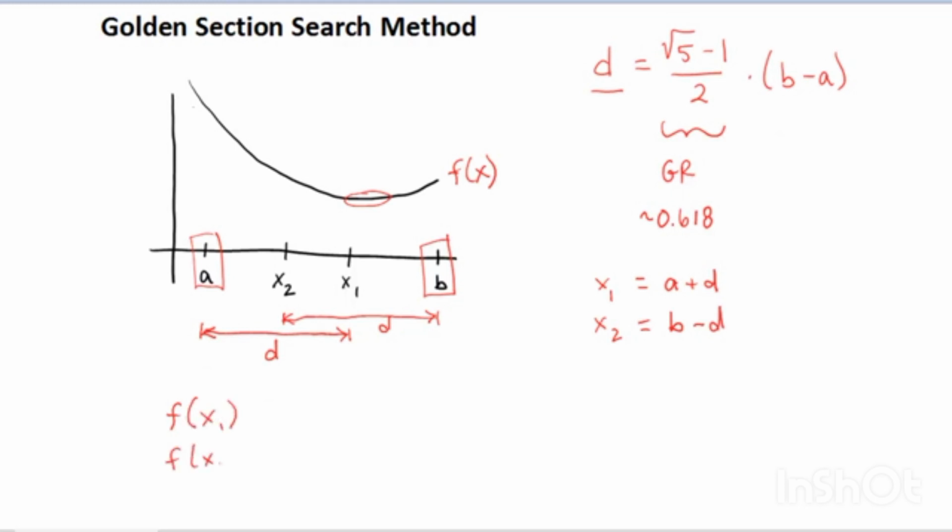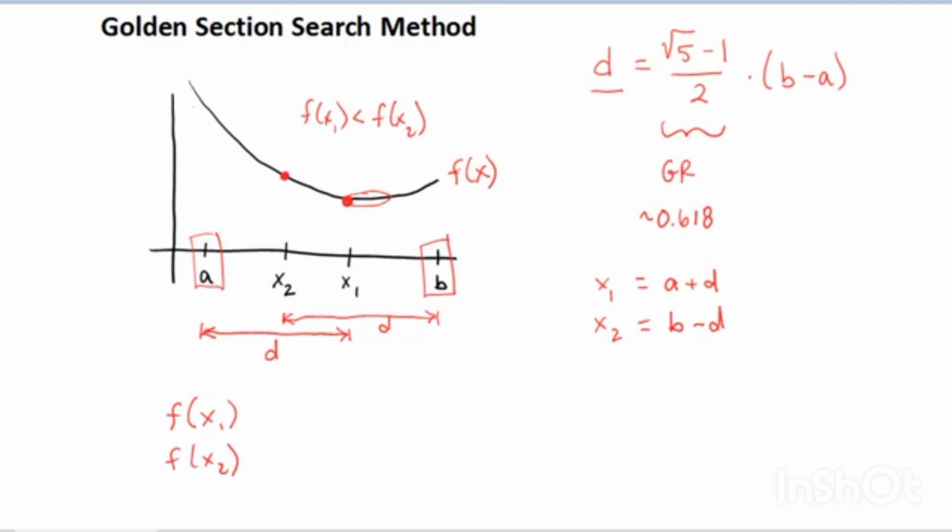The next step in the golden section method is to calculate the function values of x1 and x2. So we want to calculate the function values here and here. And let's just say in this example, f of x1 we find to be less than f of x2, as shown here.